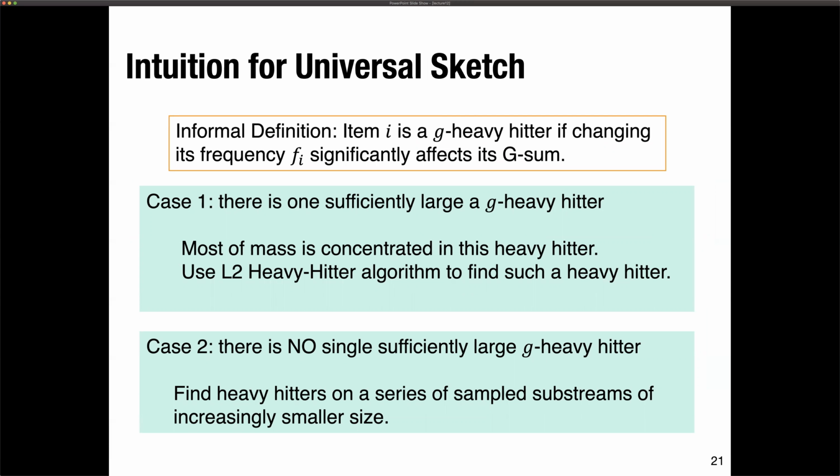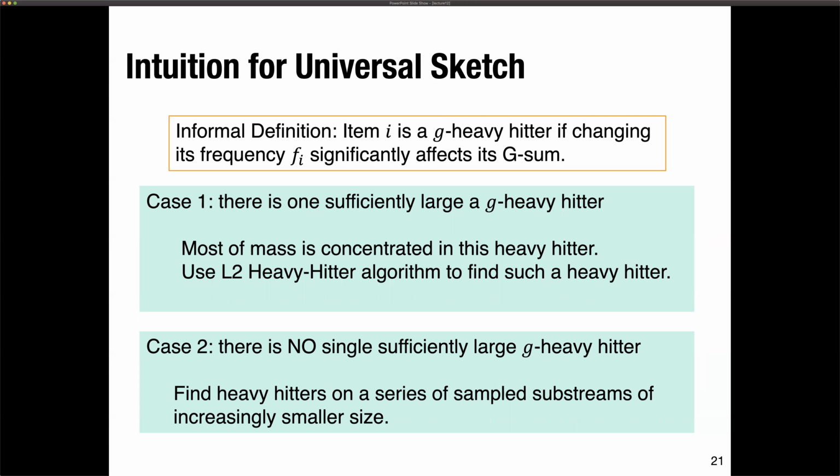So in some sense, if you have a data stream and you can detect that some item is a heavy hitter in that stream under the L2 norm, just by simple counting, then you can guarantee that it will also be a heavy hitter for the GSUM.